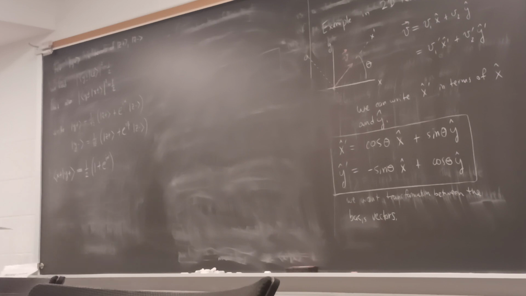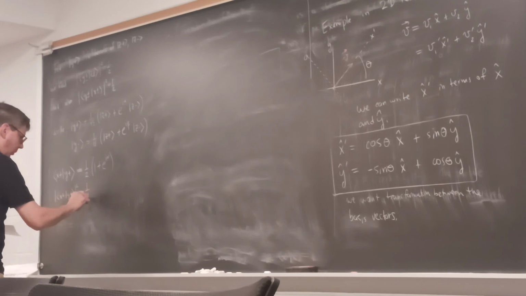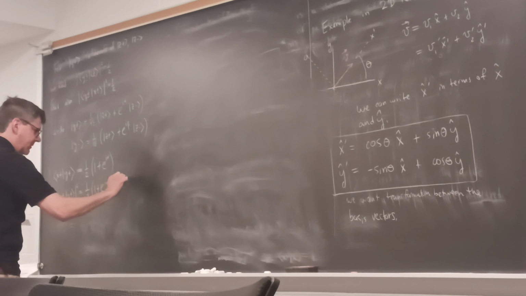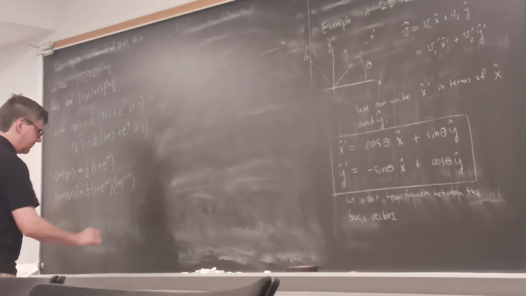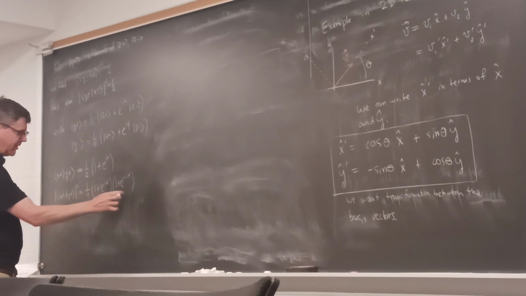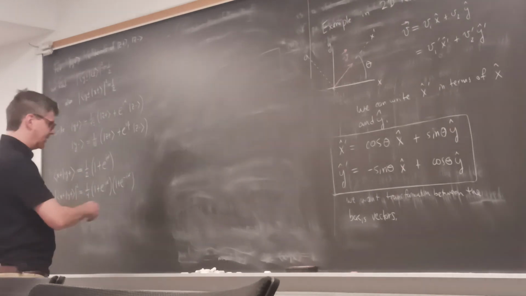Okay, and so we need the magnitude squared to be x plus y plus magnitude squared. This will be a quarter, 1 plus e to the I alpha times 1 plus e to the minus I alpha. I'm taking this complex number and multiplying it by its conjugate to get the magnitude squared.